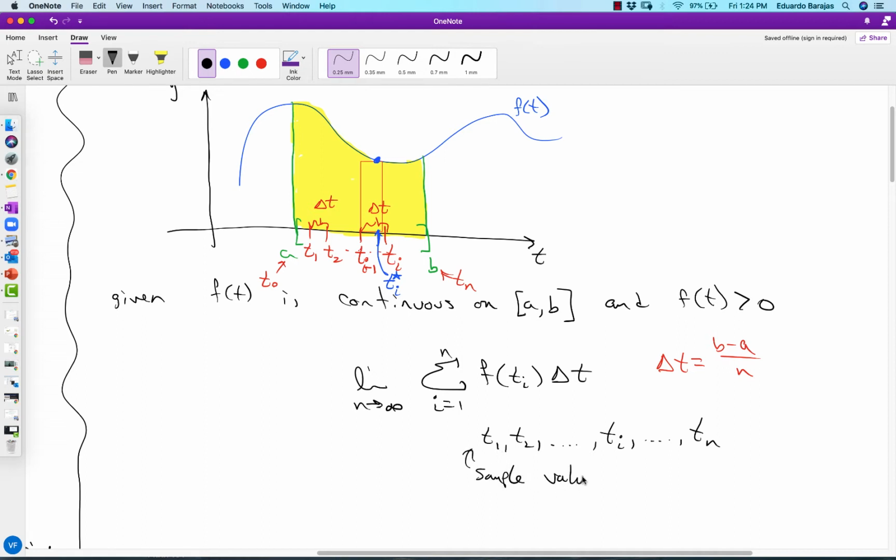Sample values in the set from a to b that establish the height of each rectangle, right?